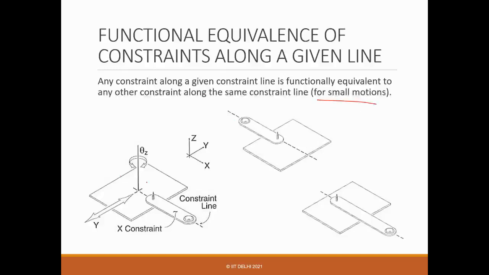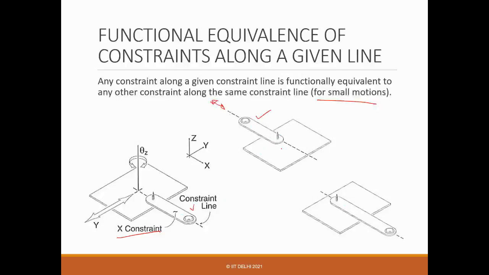So suppose we are talking about this case. Here we have these pins, this small paper fold, whatever you call it. It's putting a constraint along the x direction, and this is the constraint line. So this is the system. This is equivalent to this one as well. It doesn't matter if we move this thing to the other side, as long as this is along the same x direction.